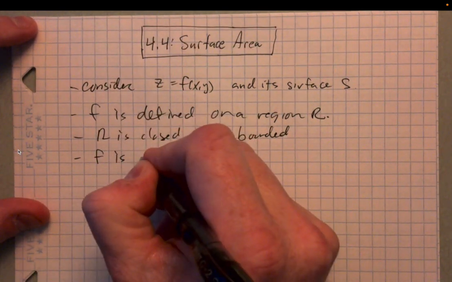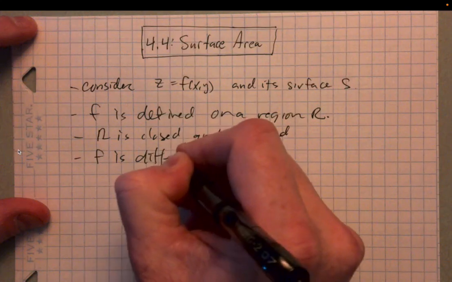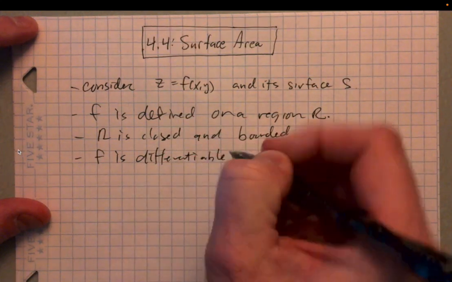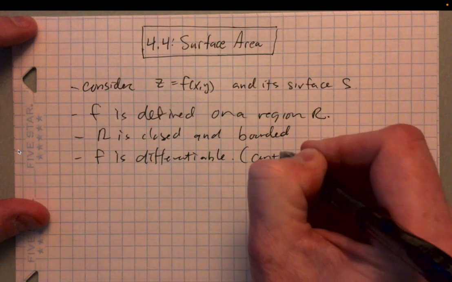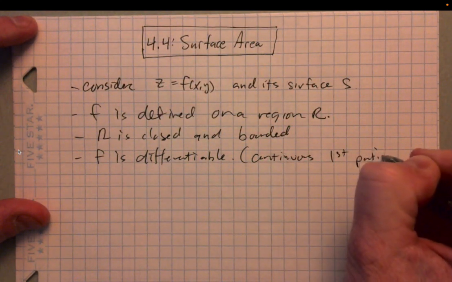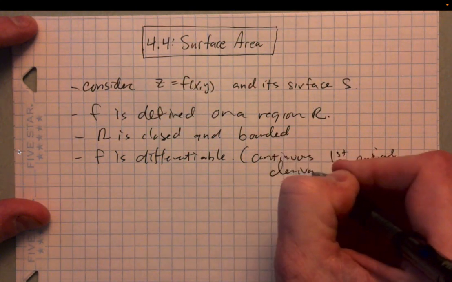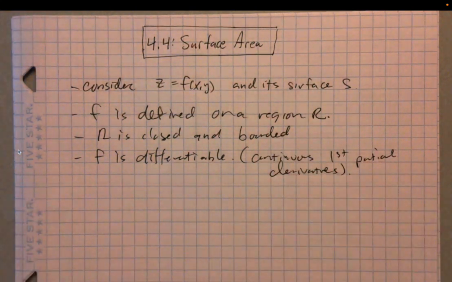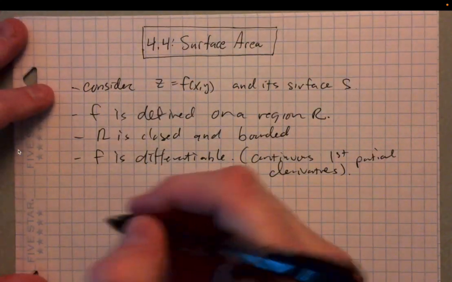So we're talking about a function f on a region R. The region is closed and bounded, and f is differentiable. What we want to do is find the surface area above this particular region. And so let's draw a picture.